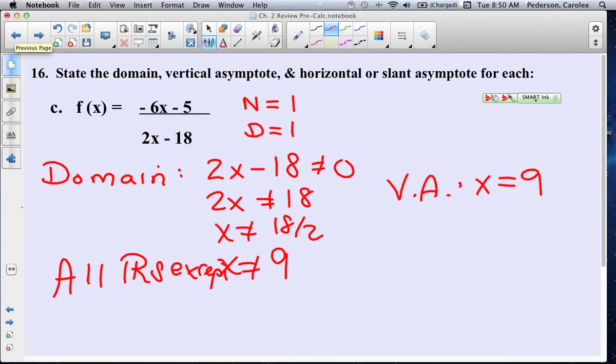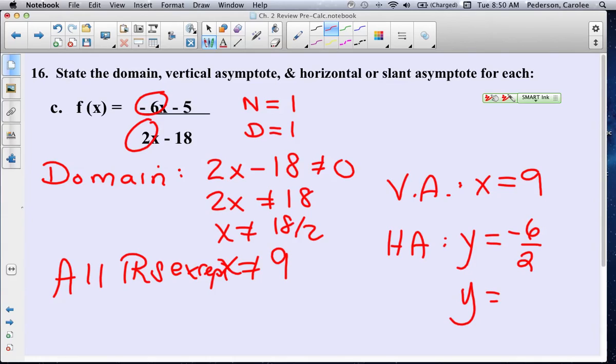Divide by their leading coefficients. So the horizontal asymptote will be at y equals negative 6 over 2, and then we reduce that down. It doesn't ask us to graph, so those are the three things it asks us to find.